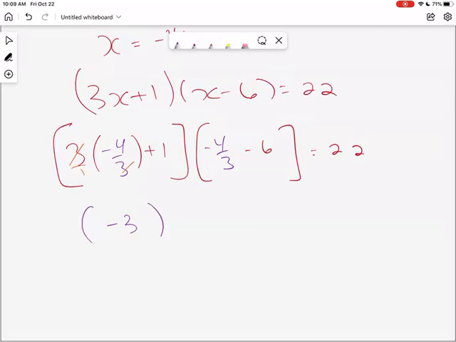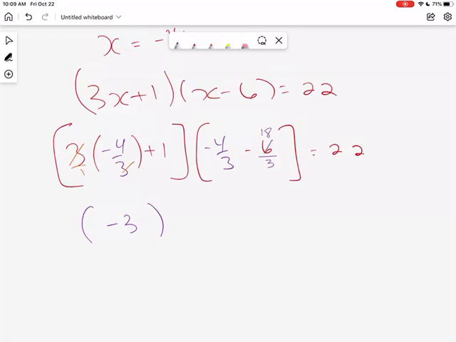On the right-hand side, the negative 4 over 3 minus 6, I just have to make sure that this is the same denominator. So I'm going to change this to a 3. That means I've got to multiply this by 3 as well. So that gives me 18. Okay, so I have negative 4 take away 18. Negative 4 take away 18 is negative 22 over 3.